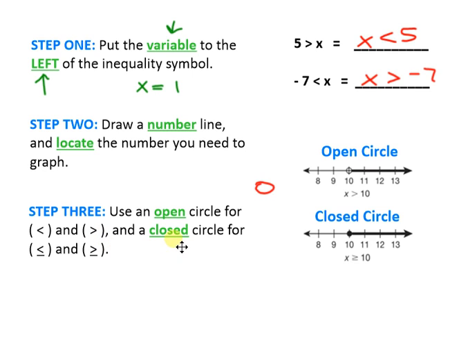And you're going to use a closed circle, a colored in circle, like this, for the less than or equal to symbol and the greater than or equal to symbol. Okay?